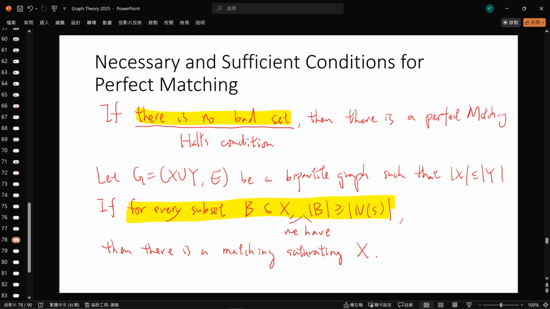So if there's no bad set, then for any subset you choose, it must have enough neighbors.